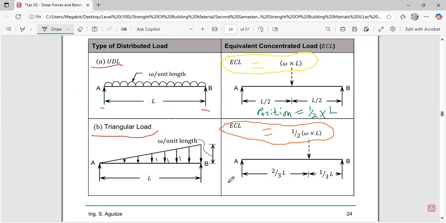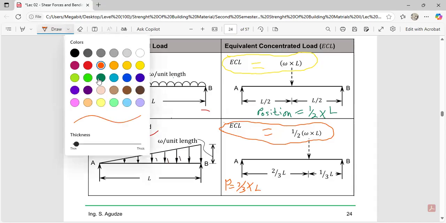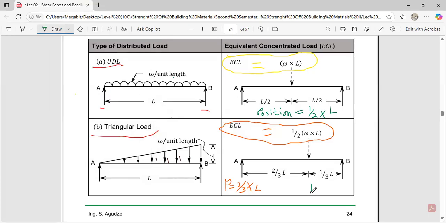And for the position at the smaller end, you have to use 2 over 3 times L. That is what they've done over here. But at the bigger end, you have to use 1 over 3 to multiply the L.